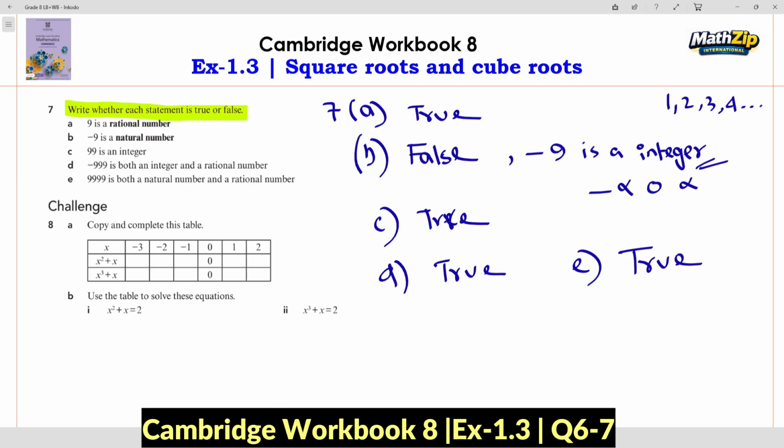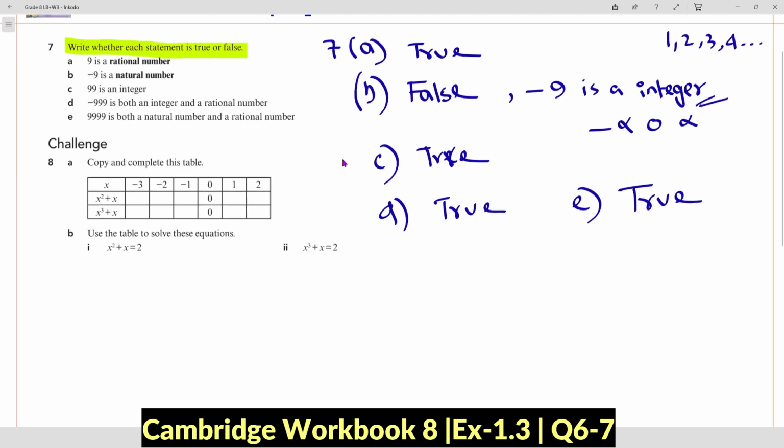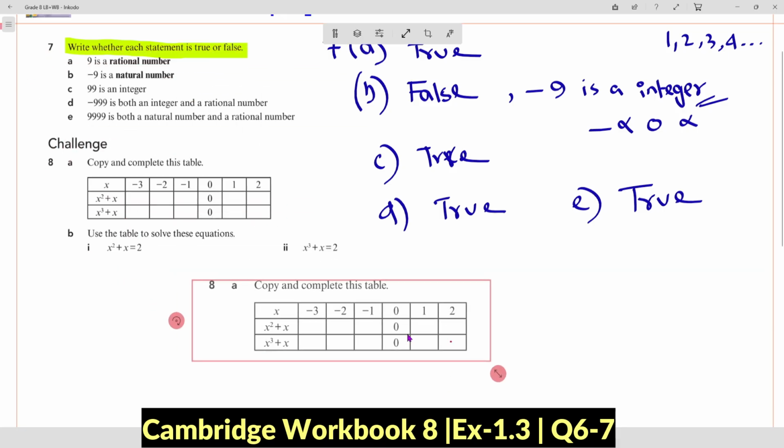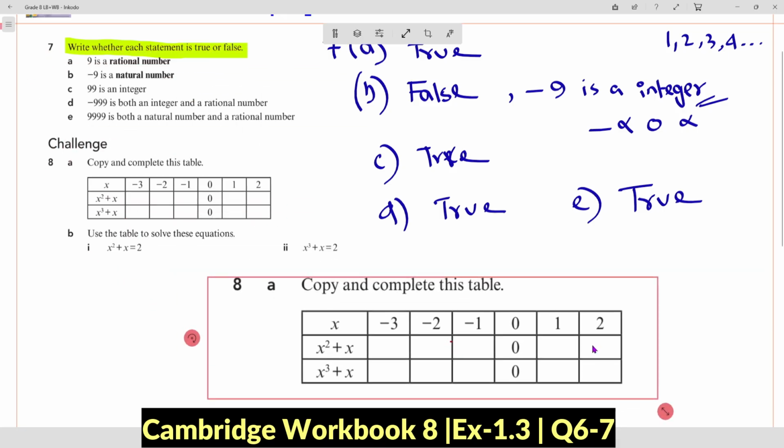Number 8, copy and complete the table. So here we can write this bigger, otherwise we cannot understand. So after copying, it's number 8.